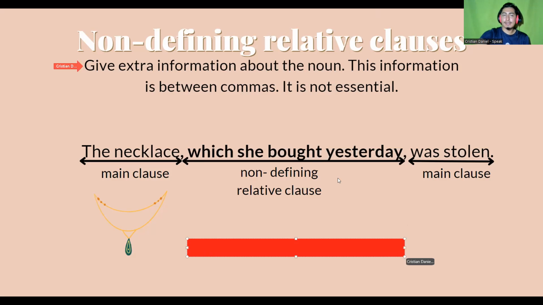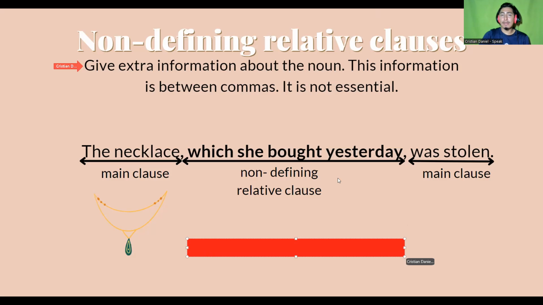Now, read the complete sentence. The necklace, which she bought yesterday, was stolen. Maybe you already know that she has a necklace, but maybe you didn't know that she bought it yesterday.